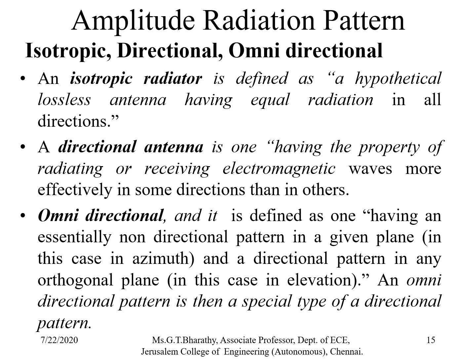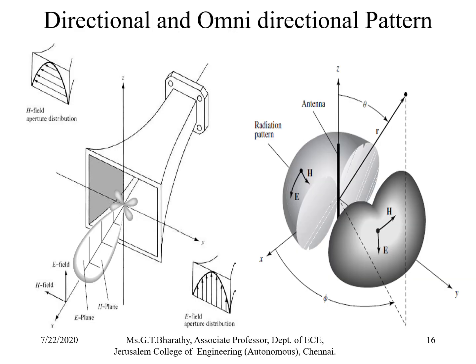And based on the amplitude of the radiation pattern, we saw that there are three types of antennas possible, which is isotropic, directional and omnidirectional. We saw the definition of all the three. We also saw the diagrammatic representation of directional and omnidirectional pattern.